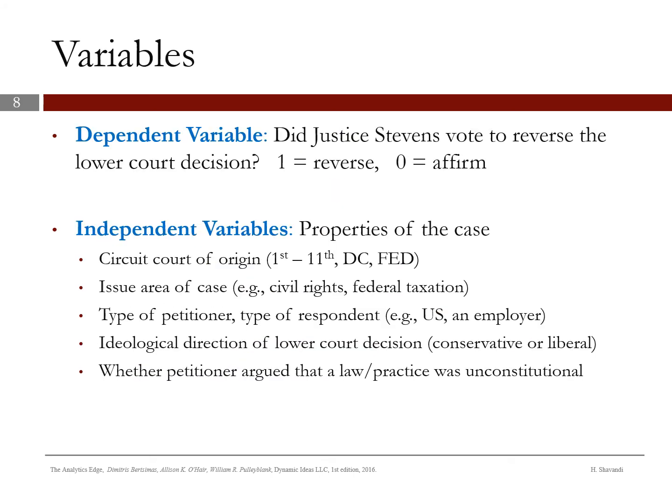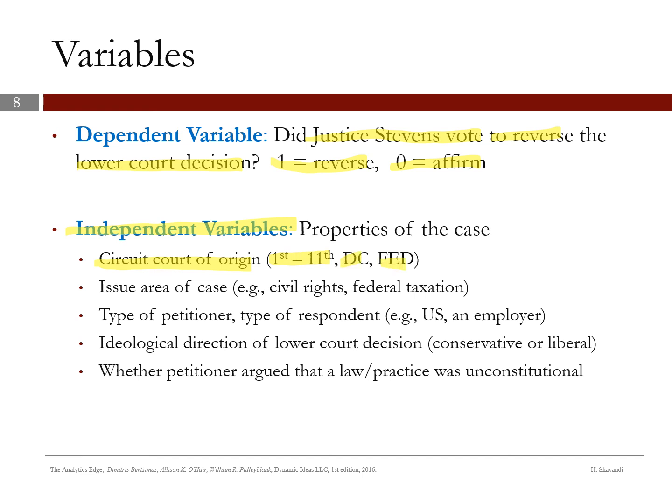In this data set, the dependent variable or outcome variable is Justice Stevens' vote to reverse the lower court decision. 1 would be to reverse the decision, and 0 would be to affirm. The independent variables that we have here are these ones. The circuit court of origin: as I said, we have 13 circuit courts in the US, so circuit courts 1 up to 11, and then DC and the Fed.